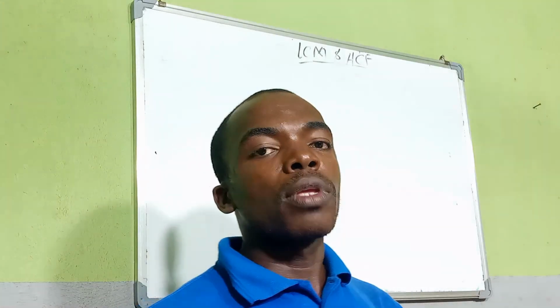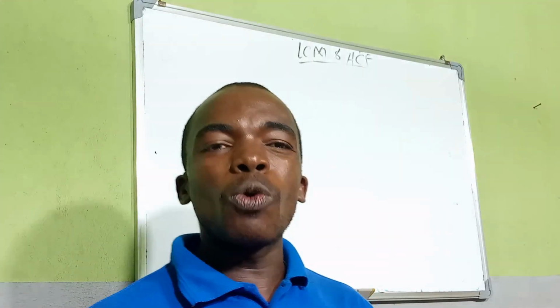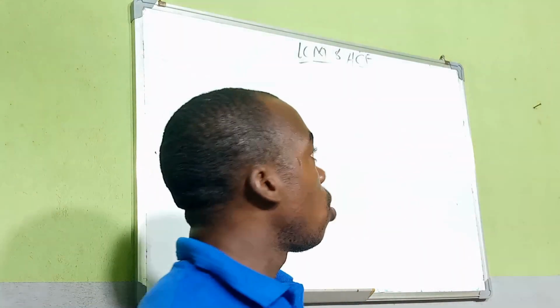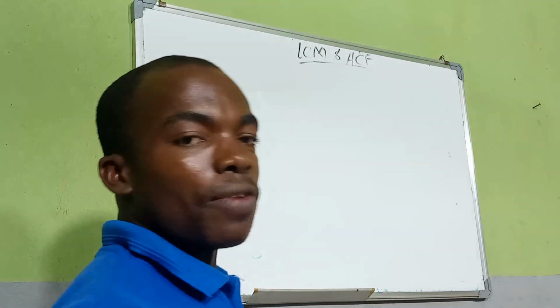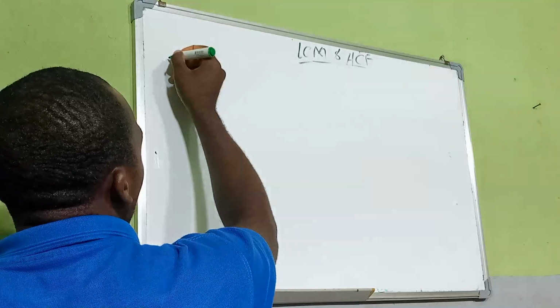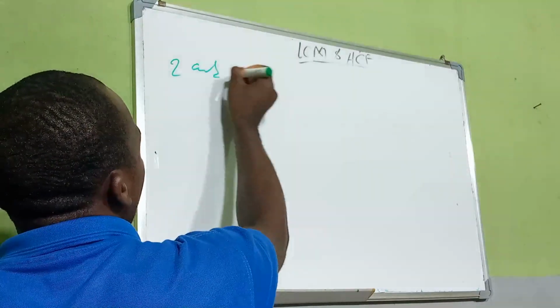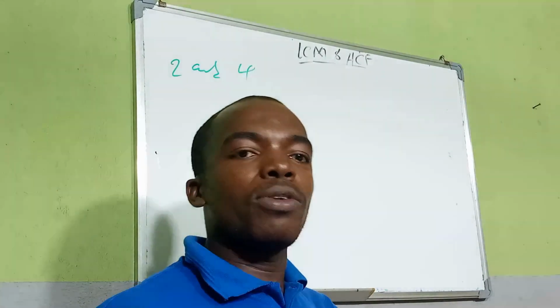Now, I want to concentrate on some of the HCF that we find difficult on how to look for it. Let's start from LCM first. If I say find the LCM of 2 and 4, this is what we are taught in secondary school.